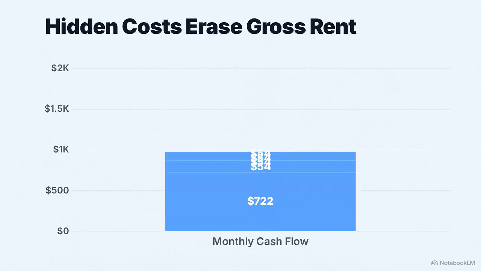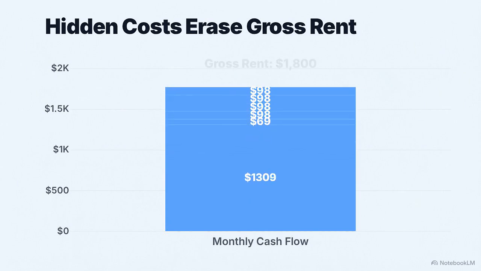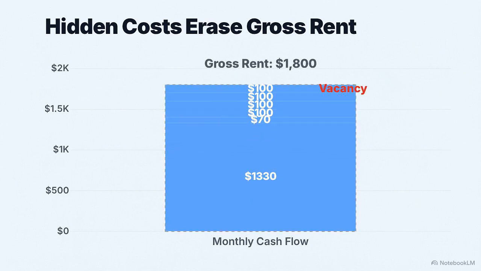This chart shows the true cash flow equation. We start with the gross rent bar, but now we must deduct the hidden costs. First, add a line item for vacancy. The average rental property sits empty about 1 full month per year, requiring you to make a full mortgage payment with zero incoming cash to cover it. Next, deduct maintenance and capital expenditures, or CapEx.